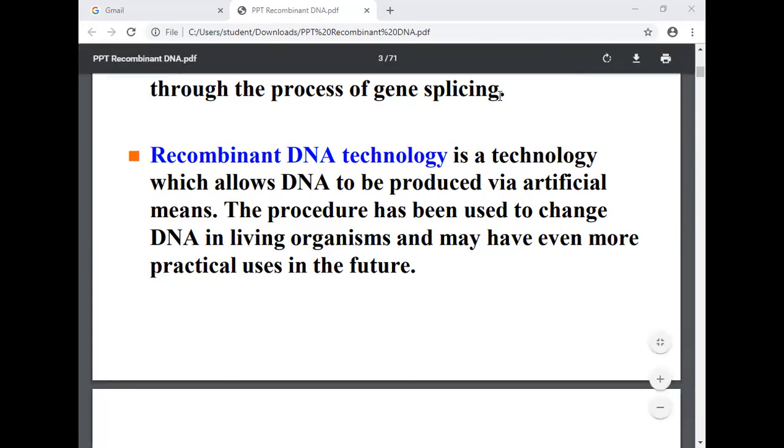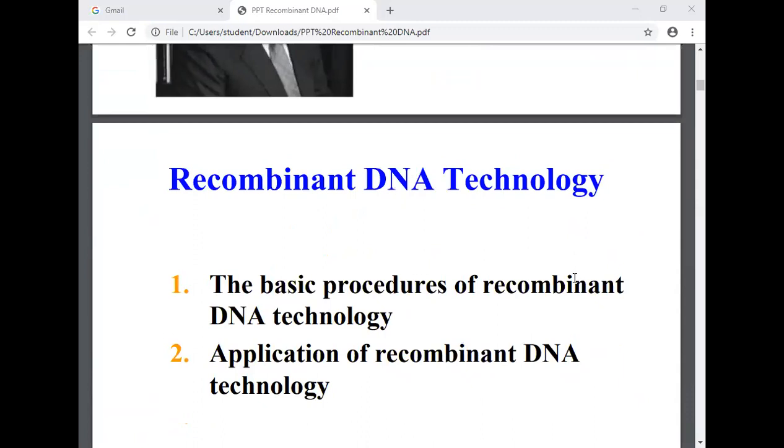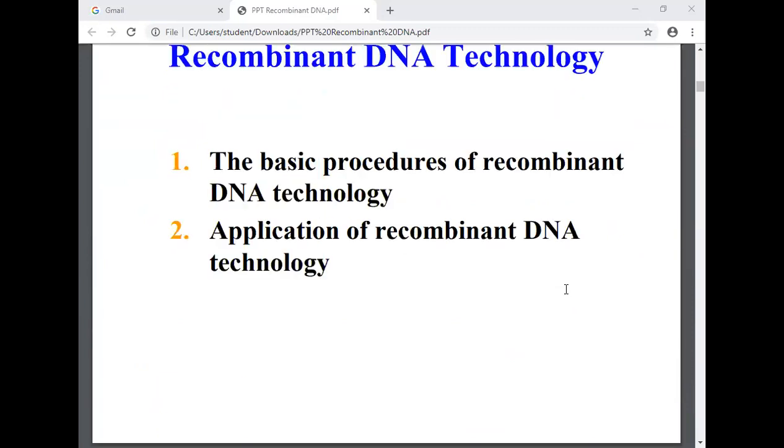Okay, so that is called recombinant DNA technology, right? Now let's see. Recombinant DNA technology has two basic parts: the basic procedure of recombinant DNA technology, and the second is the application of recombinant DNA technology.